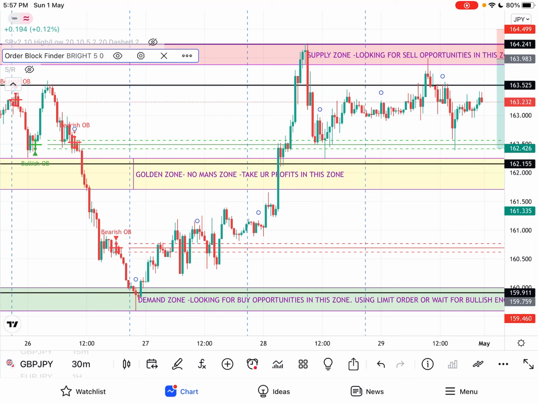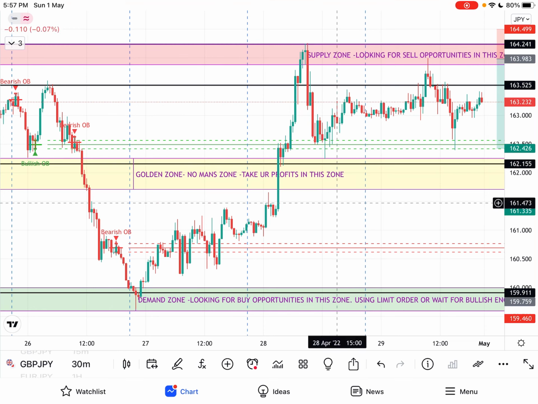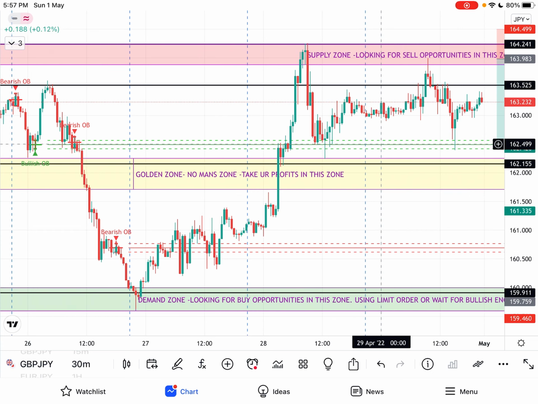That is what you'll be using. And so you see where you have the projection, this red line and this green line. Those red lines and green lines will be your order blocks.